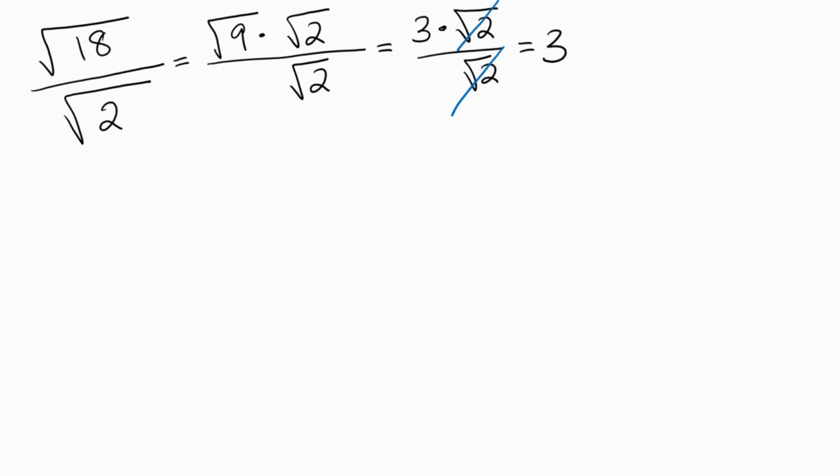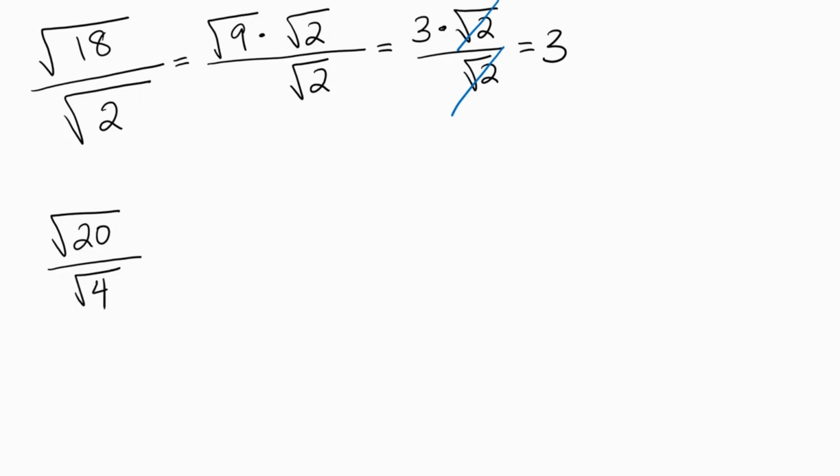Sometimes it won't be so pretty and you'll end up with a square root anyway or a cube root, and that's okay too. So let's say we had a different one, something less clean. Let's say we had 20 over the square root of 4.